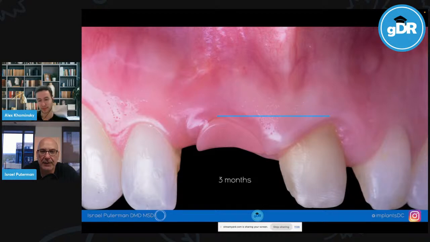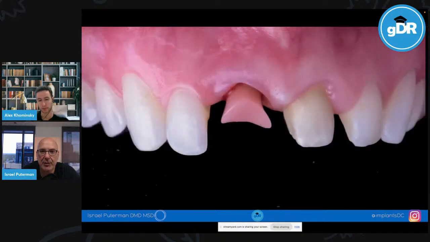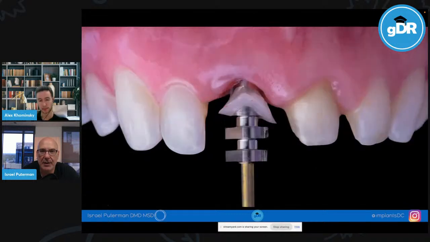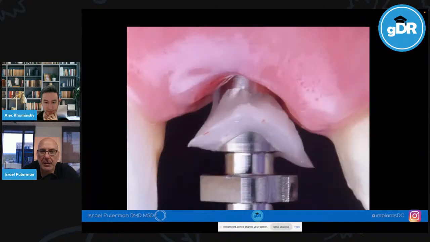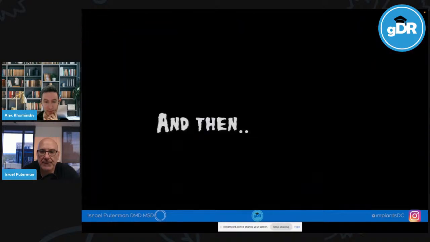But most importantly, from my perspective, the facial margin is even between the two of them, and the patient is ready to go. I can see that there's really no inflammation around the site. Everything looks nice and healthy. I even customized an impression post for my referral so that she can deliver the exact precise gingival contour to her laboratory so that they can make the most ideal tooth for this patient.